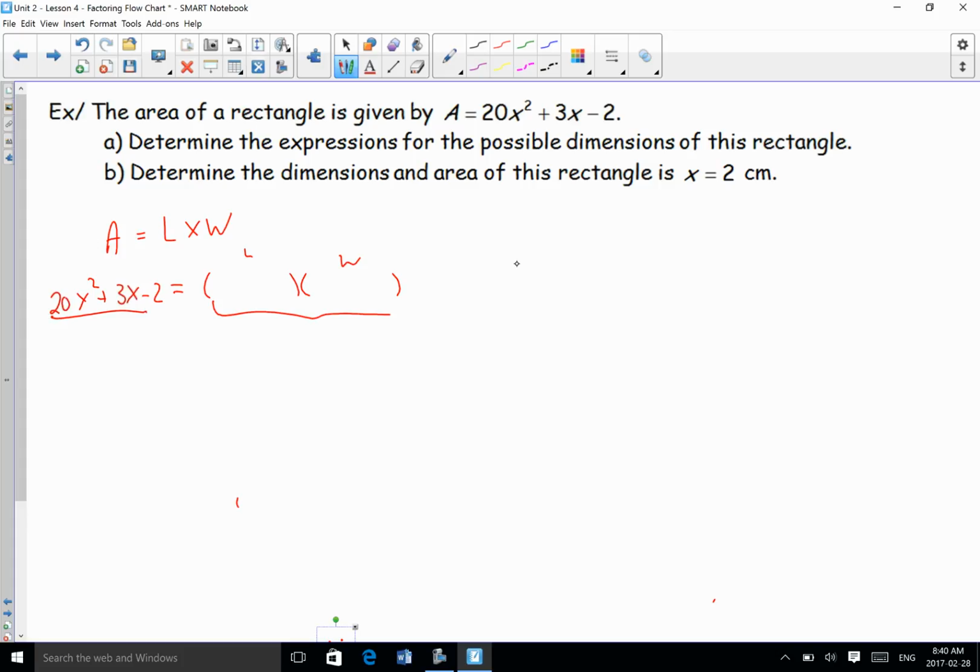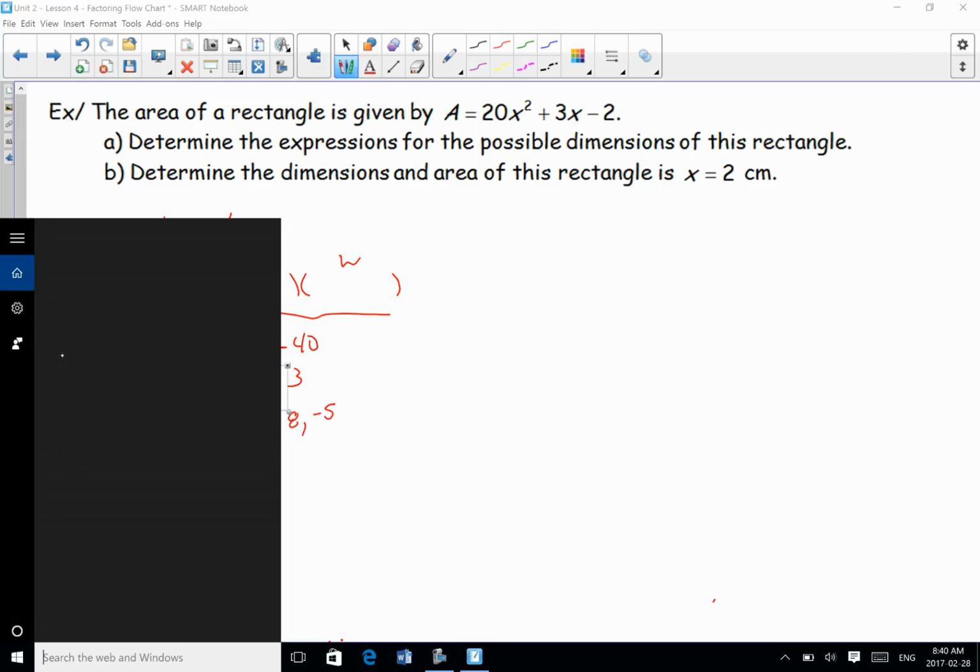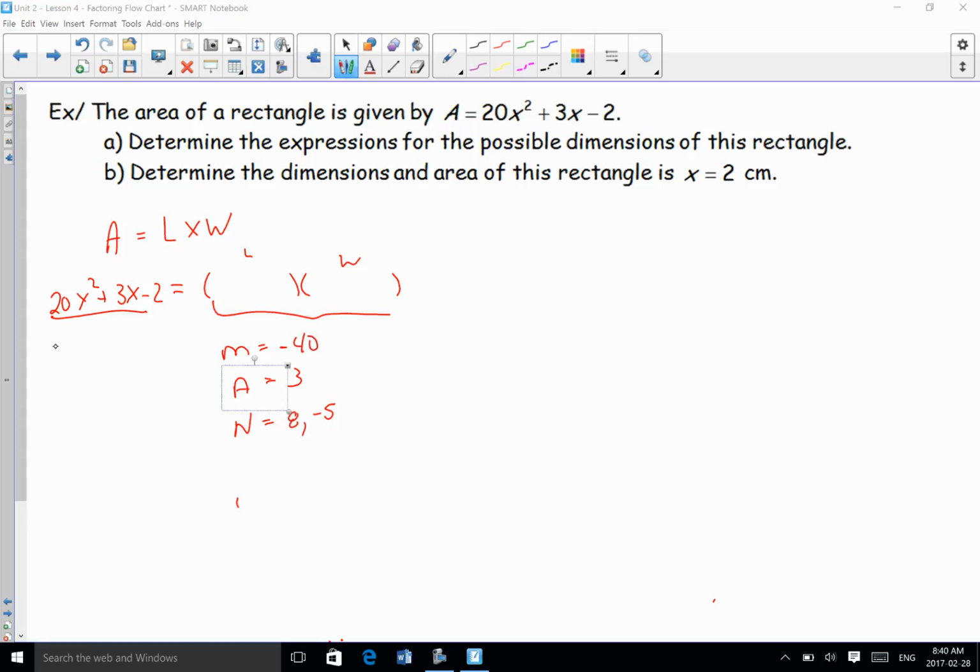So for the complex trinomial, we do the product and sum. So 20 times -2, I have to multiply to -40. I have to add to 3. Numbers that do that, 8 and -5. So we're going to replace. We'll have 20x squared plus 8x minus 5x minus 2.